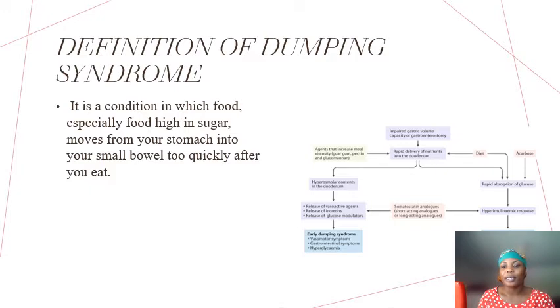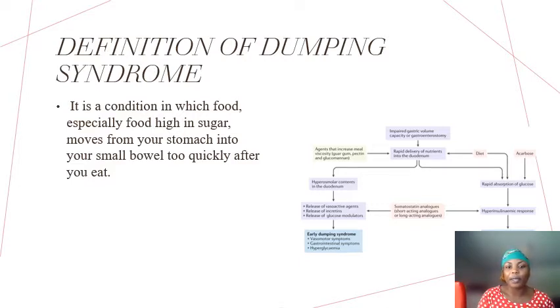So next we are going to have a rapid absorption of glucose, a hyperinsulinemia response, which is when you have high insulin, and we have a somatostatin analog, which is a short-acting or long-acting analog.